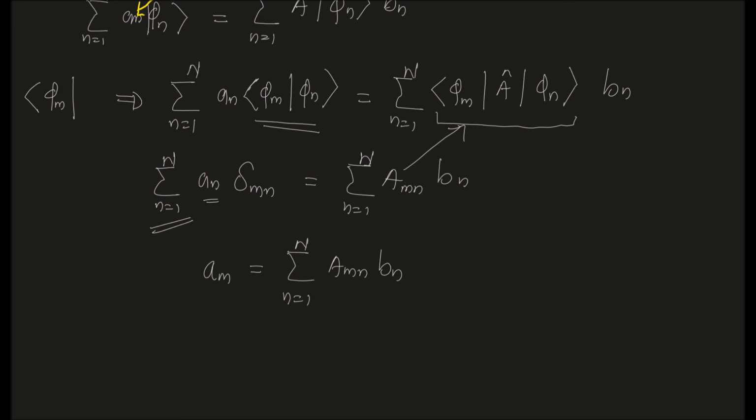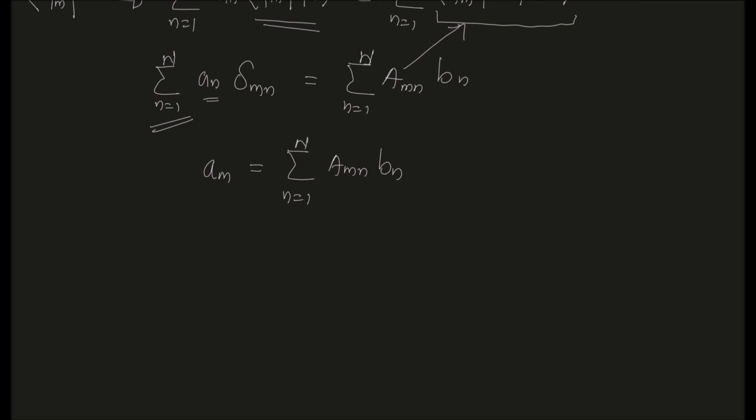a_mn bn. Okay, now let's assume that this maximum dimension, for simplicity let's assume that this is 3. Then this equation tells us that if you write it explicitly, you can write it as a1 equal to a11 b1 plus a12 b2 plus a13 b3, because both your m and n will be having values 1, 2 and 3, right?